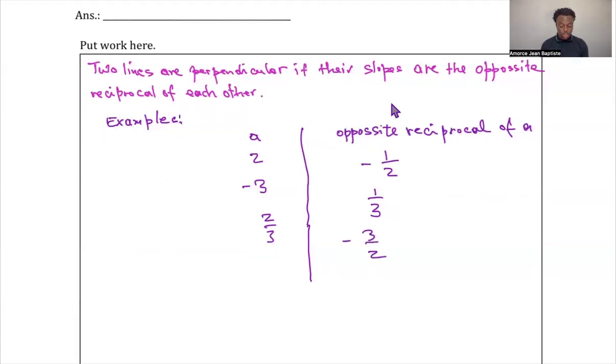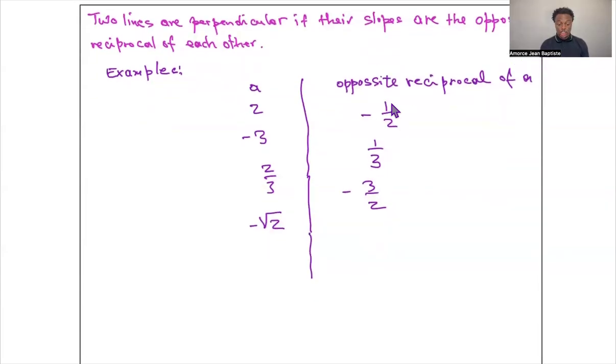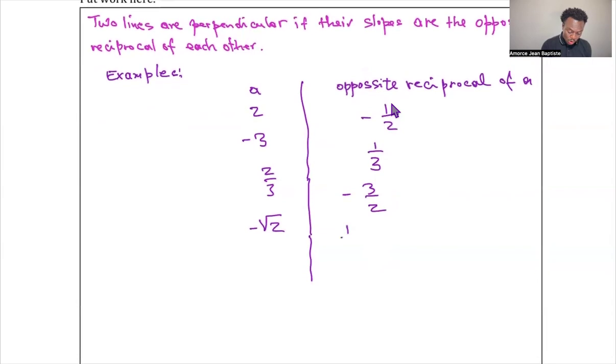Flip the fraction and so on. If you have negative square root of 2 as a slope, the slope of the perpendicular line, which would be the opposite reciprocal, will be 1/√2, which is square root of 2 over 2. So that will be the slope of your perpendicular.